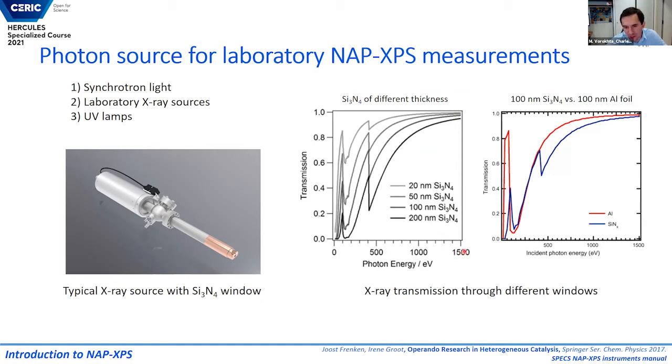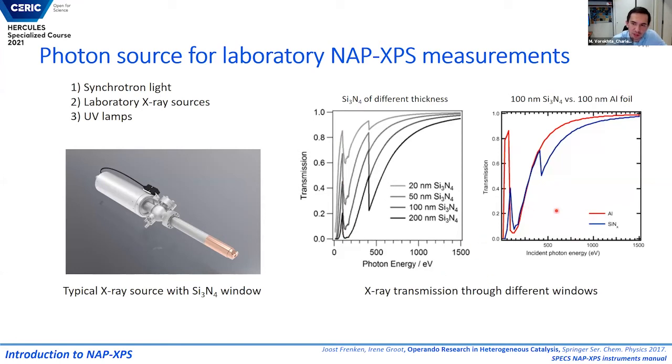In the case of aluminum alpha, it is about 1.5 kilo electron volts, and you see that almost 100% of photons can penetrate such a membrane. Of course, as soon as you go to lower photon energies, if you use synchrotron light or an ultraviolet lamp, you should also account for some possible absorption by this window.